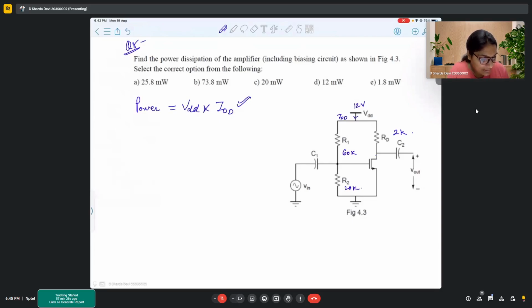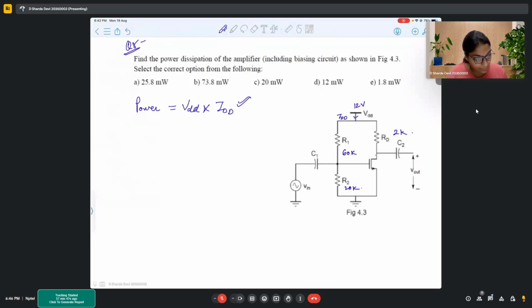So IDD will be 2 milliamps plus 0.15 milliamps, so IDD is 2.15 milliamps.